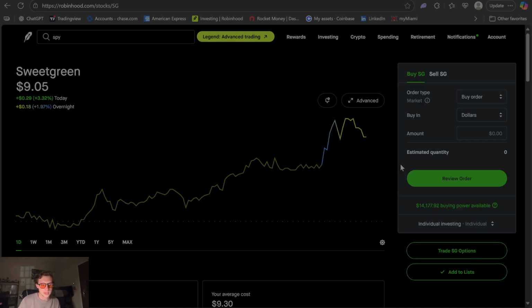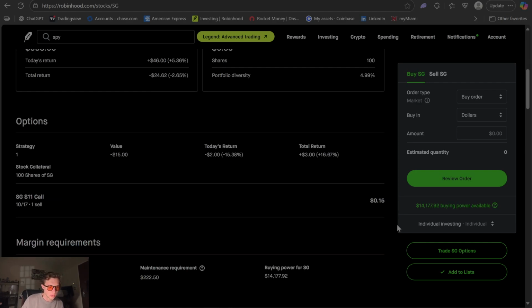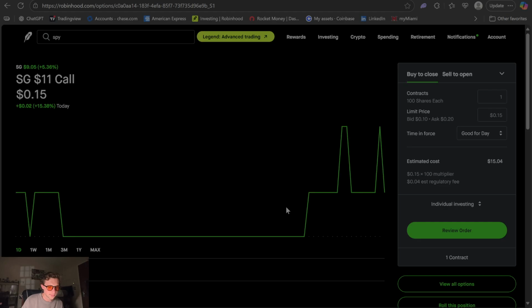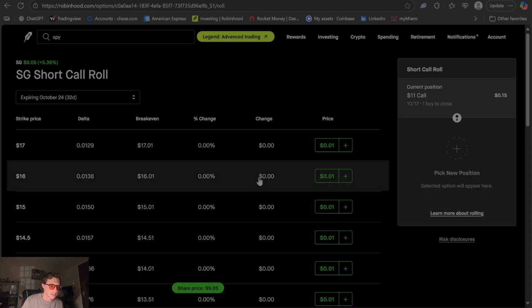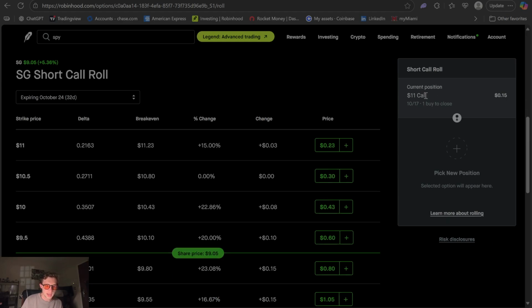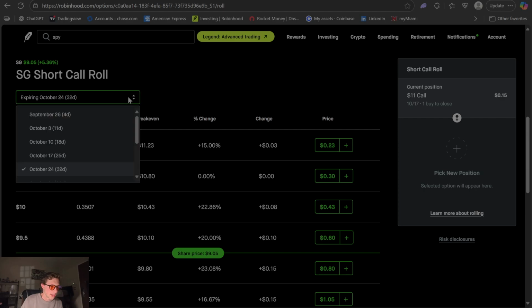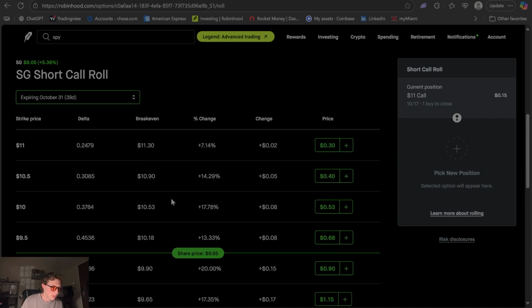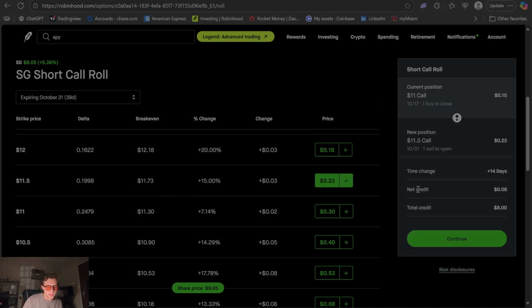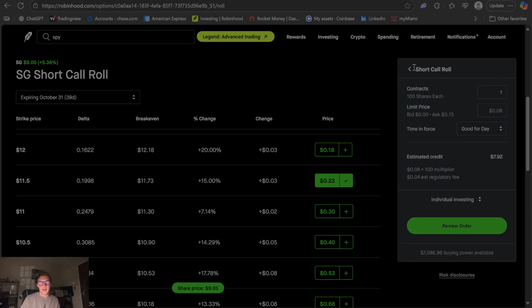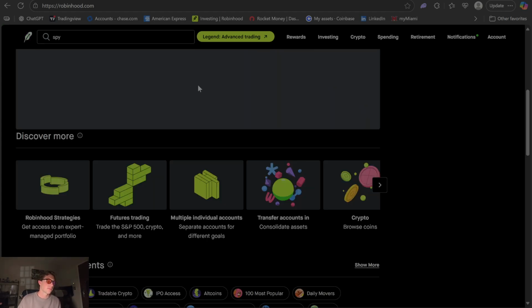And Robinhood makes it super easy by clicking roll this position. Instead of going into the option chain, it says you want to buy to close, and let's sell a new one. We'll sell maybe the 11.5 if we wanted to roll up, or the 12. You'd be getting a net credit. Change the time, continue, and execute that trade.